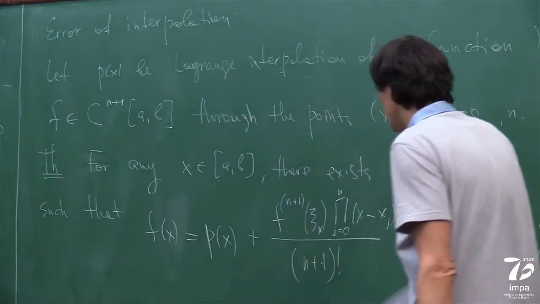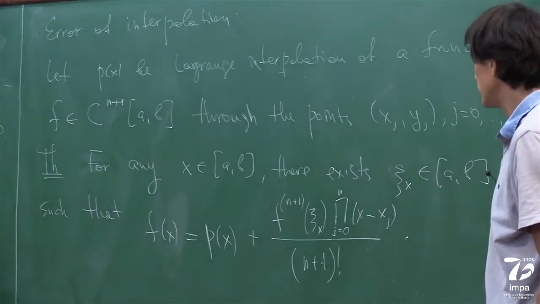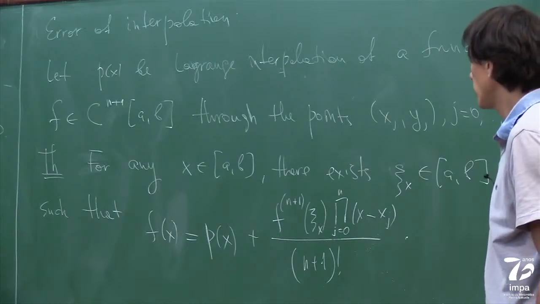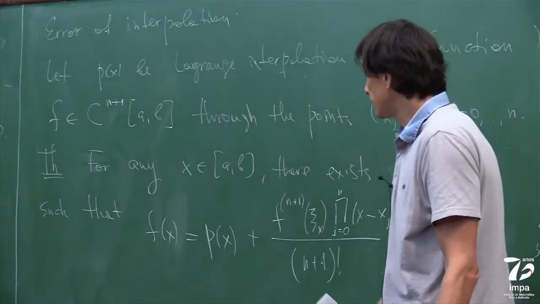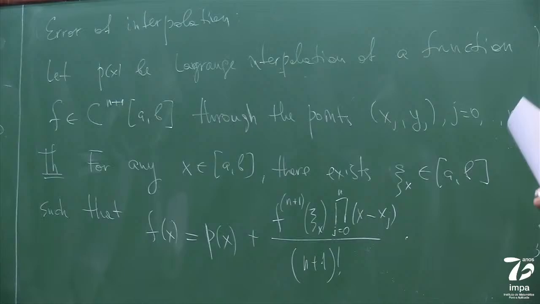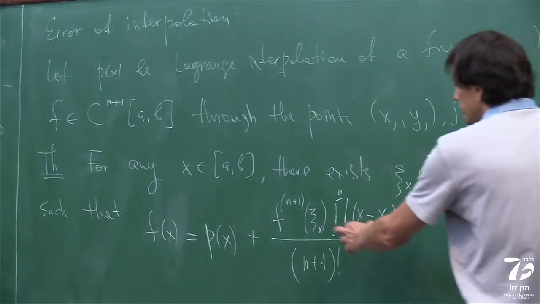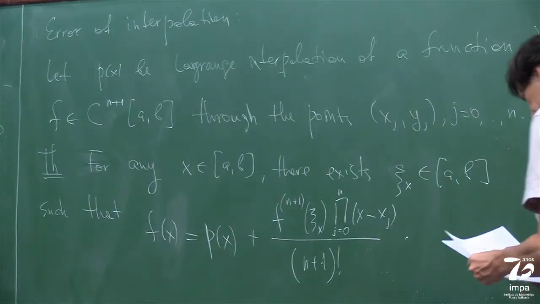And you see that derivatives are important. If we don't have the n plus first derivative, then the difference between f and p can be huge. At n plus 1 points they coincide, but outside these points the difference can be huge if there are not enough derivatives. So this derivative is crucial.